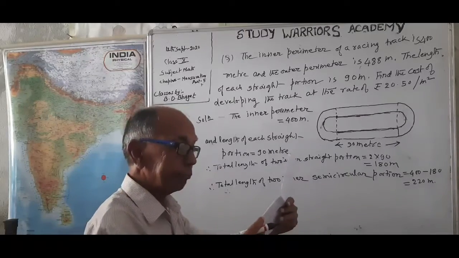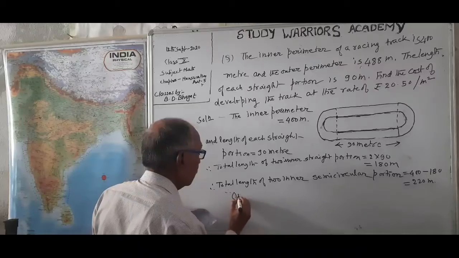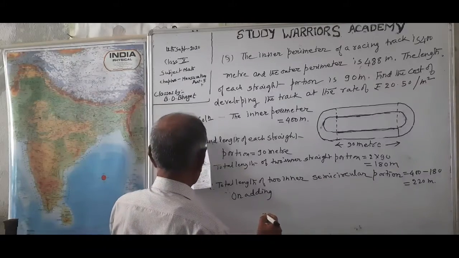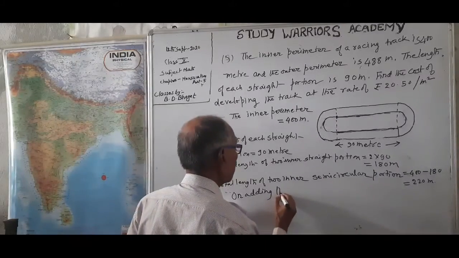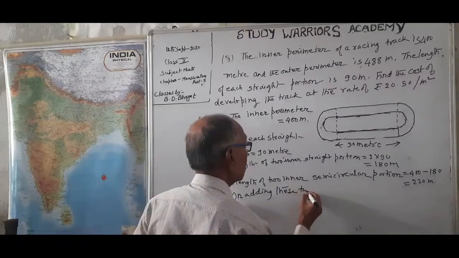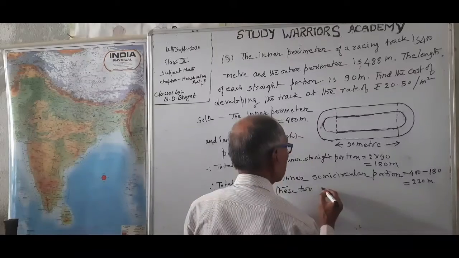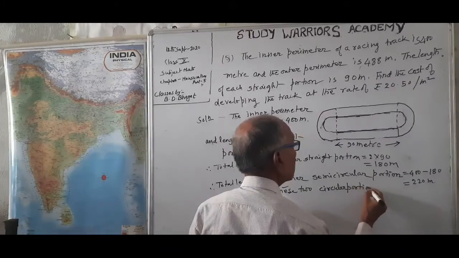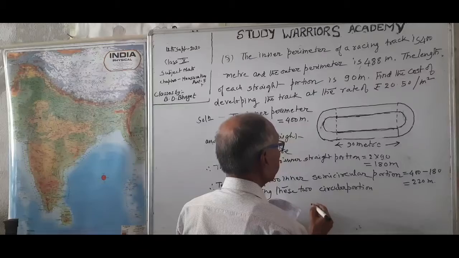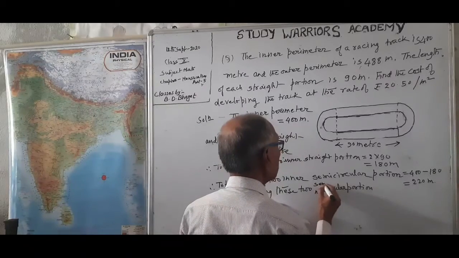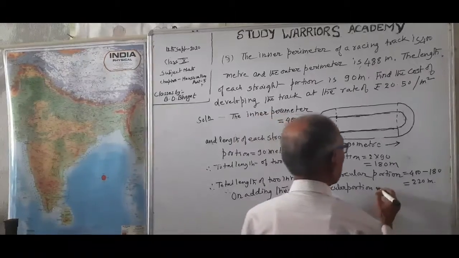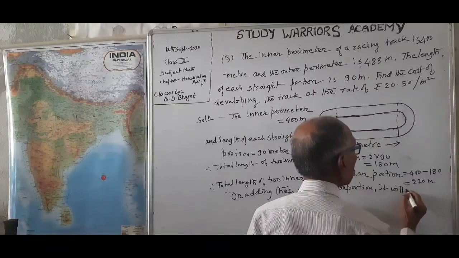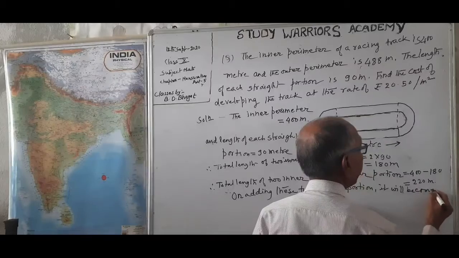On adding these two inner semicircular portions, it will become a circle.